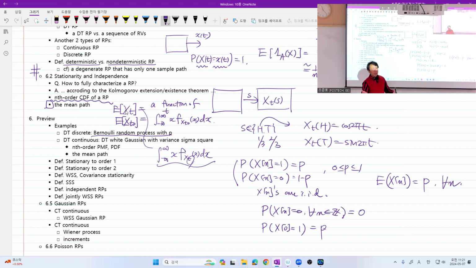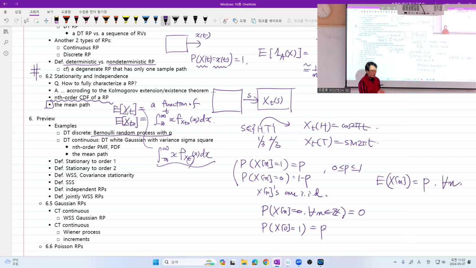And we already know this from our experience with random variables. Even though the mean is regarded as one of the most important representative numbers of a random variable, it's very, very misleading because there are uncountably infinite distributions having the same mean value, right? As we know, even for Gaussian, we have at least two parameters, not only the mean, but also the variance. But what about an arbitrary distribution?